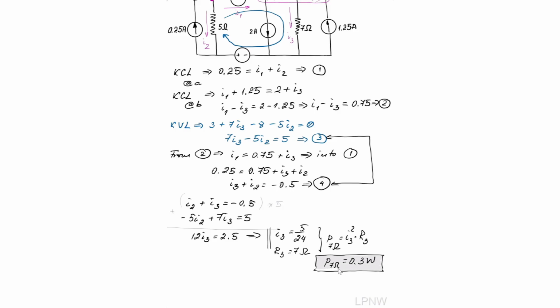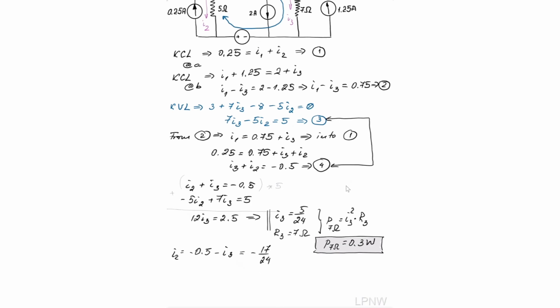Now I have to do exactly the same for the 5 ohm resistor. Using the same system of equations between 3 and 4, I could calculate I2, and I2 is going to be negative 0.5 minus I3, and I already have the value for I3, so if I plug it into the calculator, I will get negative 17 over 24.